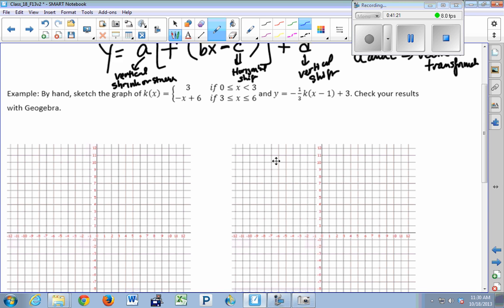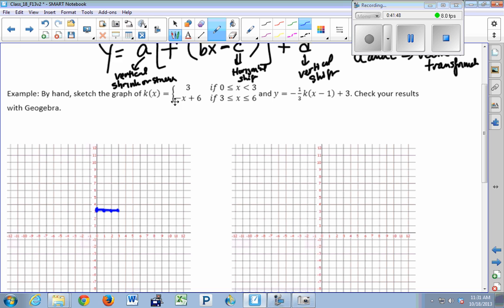The first part of my domain starts at 0 and goes to 3. And that tells me when I'm 0 to 3, I am going to be this constant function 3. And you say, wait a minute, you're not 3 at 3 because it's not defined for 3. But look, jump down to the next step. When x is 3, you get negative 3 plus 6. That's also 3. So that's the first part of my piecewise function.